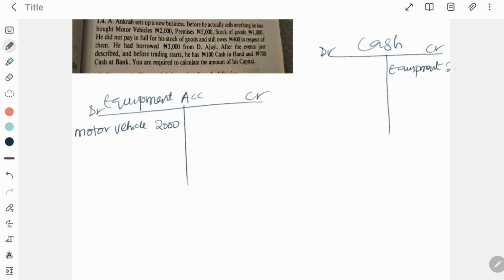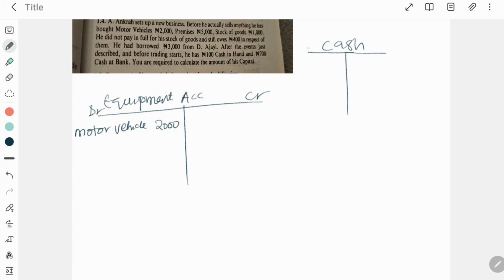Equipment 2,000. Oh, it's not going to fit. Let me draw it again. So this is our cash, debit, credit. We made a purchase and 2,000 naira is going out from our bank or from our cash.